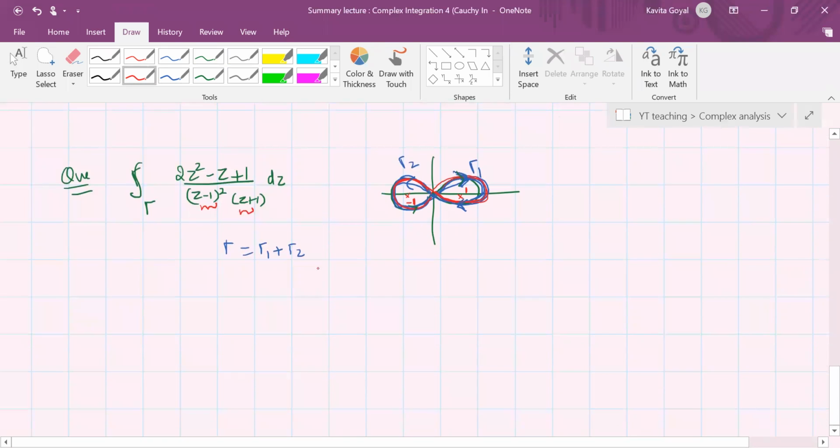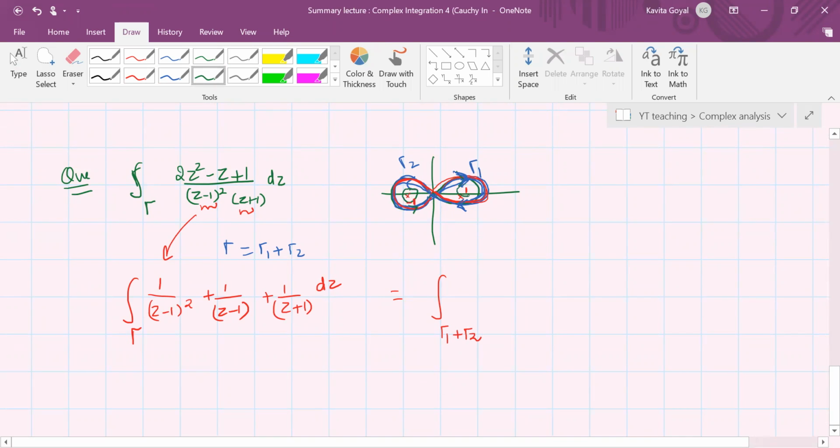So first of all, in these problems, because we have to separate 1 and minus 1, you always have to take the partial fractions. I'm writing straight away: the partial fractions are 1 upon z minus 1 square, plus 1 upon z minus 1, plus 1 upon z plus 1, right? So this integral is first of all this. Now you break it into gamma 1 and gamma 2, so this integral will be along gamma 1 and along gamma 2. Here you will make a small circle, and here also a small circle.